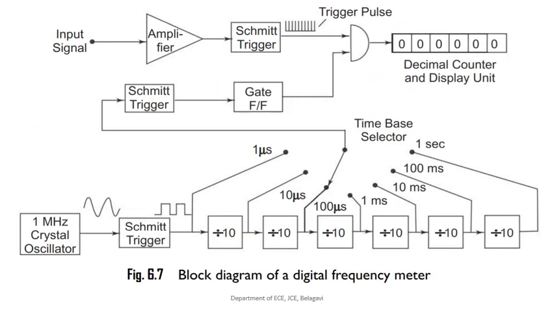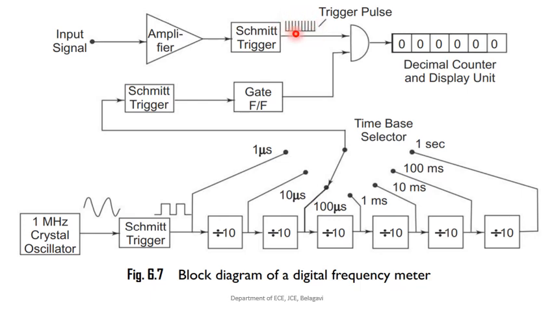Next we have a detailed circuit. In the previous circuit, you have an input signal, you give it to some amplifier to adjust the levels, and then it is given to the Schmitt trigger. The Schmitt trigger produces a train of square waves, or pulses.